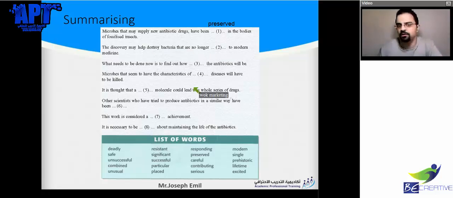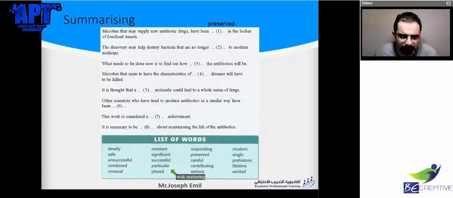Next, the discovery may help destroy bacteria that are no longer something to modern medicine. Of course, they are no longer, or they are immune to modern medicine. Okay, they are no longer vulnerable, maybe, or modern medicine cannot hurt or destroy them. Let's see. Deadly, safe, successful. Resistant, no. Careful, serious, prehistoric, unsuccessful. Destroy bacteria that are no longer resistant?